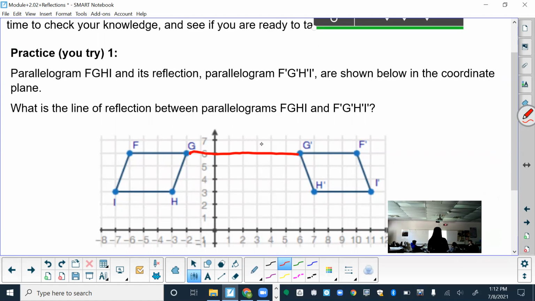And since the line of reflection should be right down the middle, then what's half of 8? So my line of reflection should be down here. And what's the equation for that line?